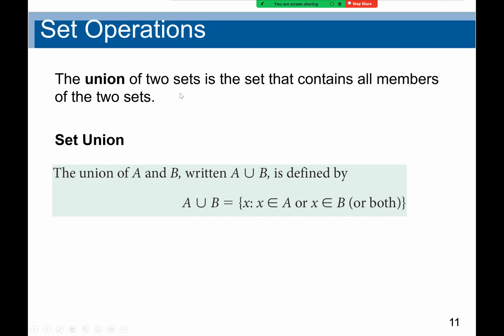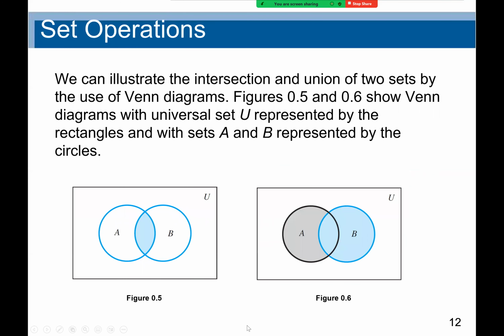We see also the union of two sets is a set that contains all members of the two sets. So again, we have A union B means x belongs to A or x belongs to B. So everything in A and also everything in B. So we can illustrate this also using the Venn diagram.